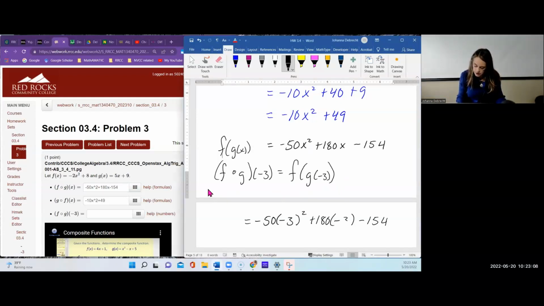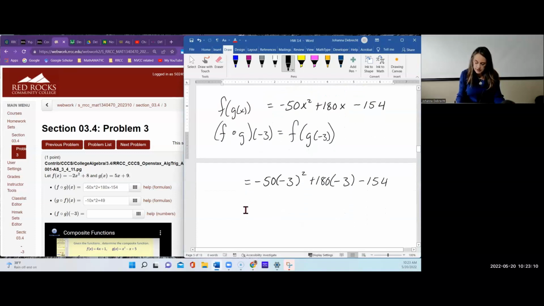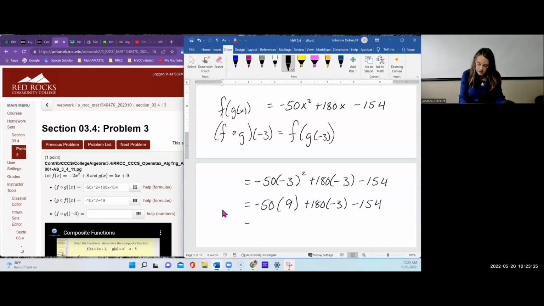Now we substitute the -3 in the empty set of parentheses. Remember that powers have to be done before multiplication. So this leads to -50 times a +9 plus 180 times -3 minus 154. The 5 times 9 will give us 45, followed by another 0.